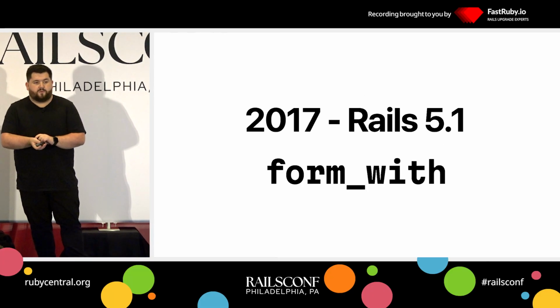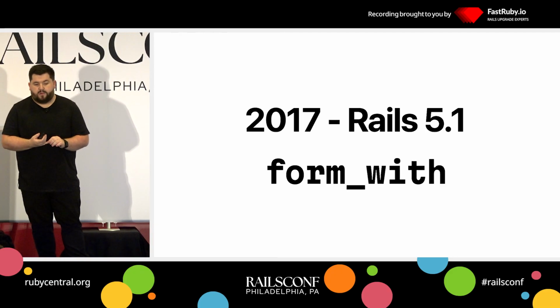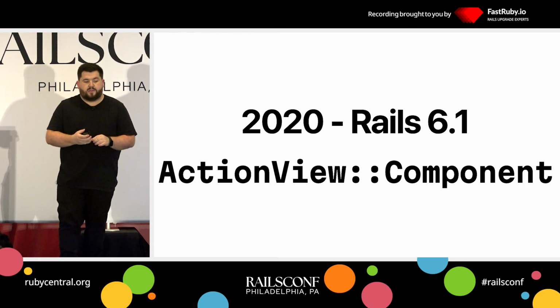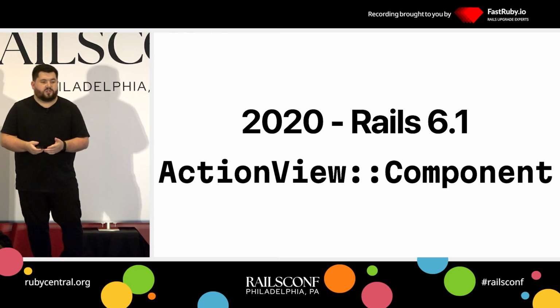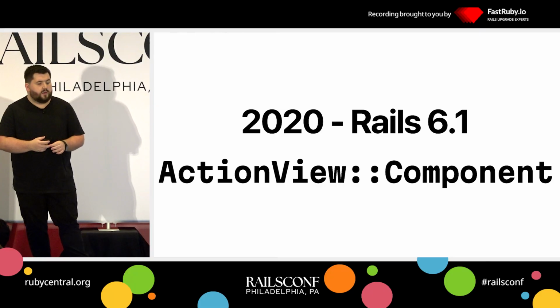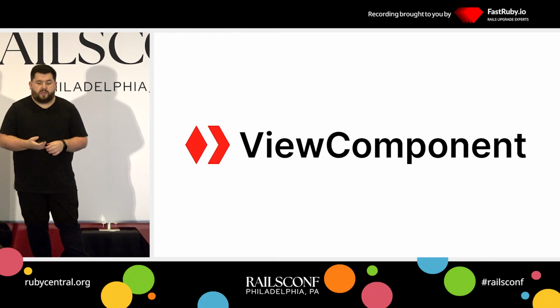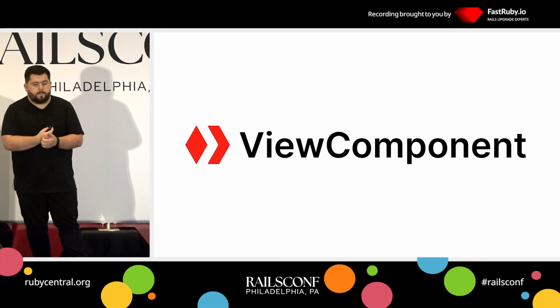With Rails 5.1, we got form_with, still a well-known helper today, still quite useful. And with 6.1, we got this very special Action View component approach that landed in an early beta version of Rails 6.1, which then turned into ViewComponent.